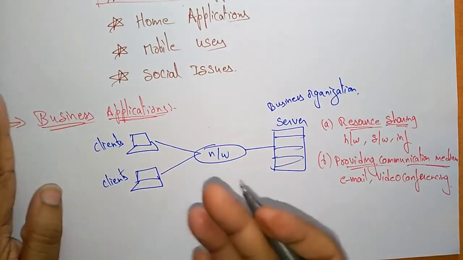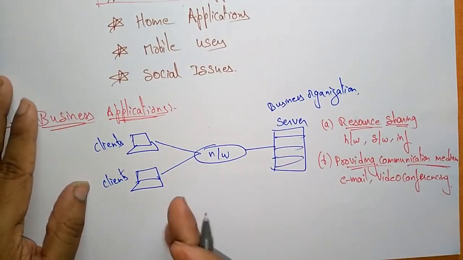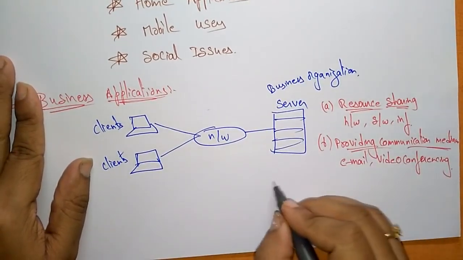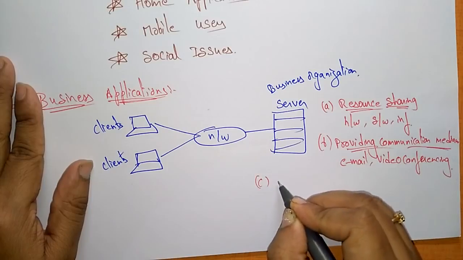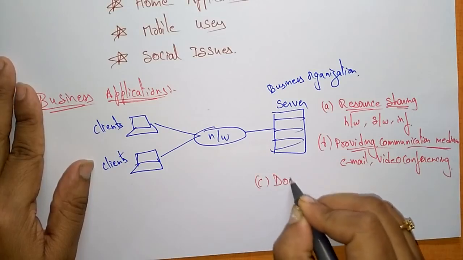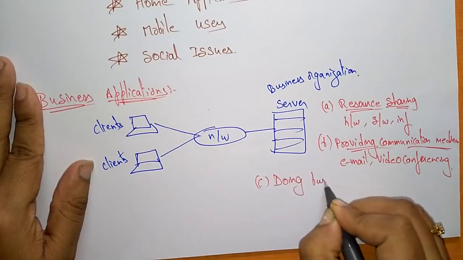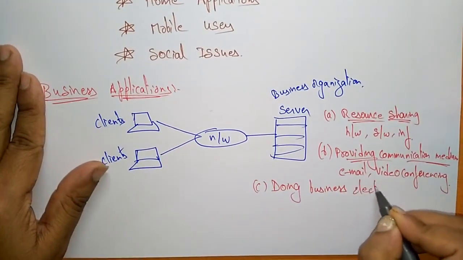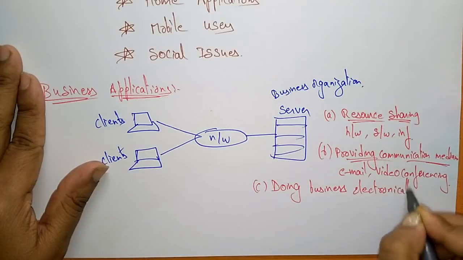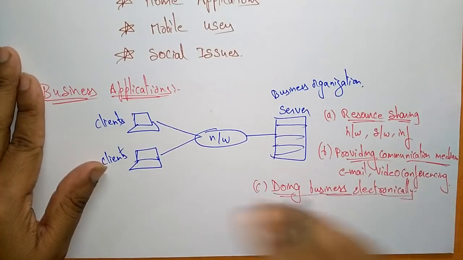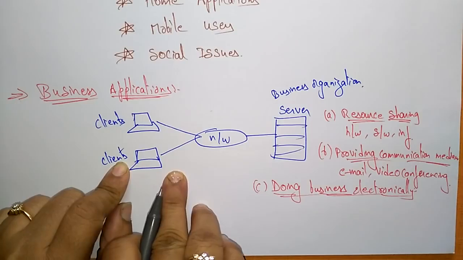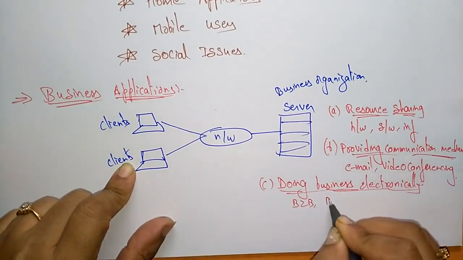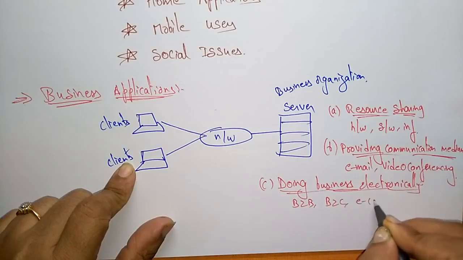So this network is providing communication media like email and video conferencing, and it is also doing business electronically. How is the business done electronically? Like business to business, business to consumer, and e-commerce.